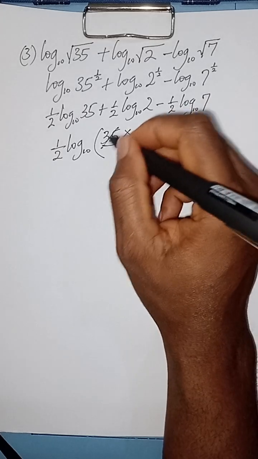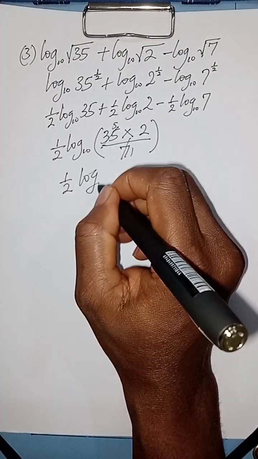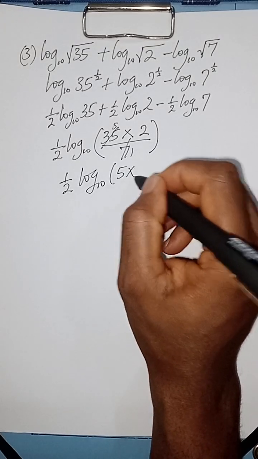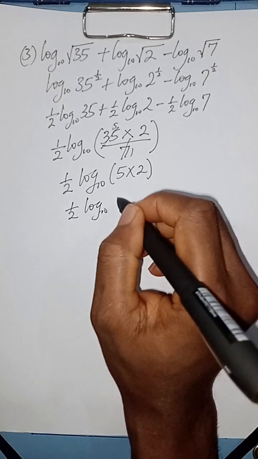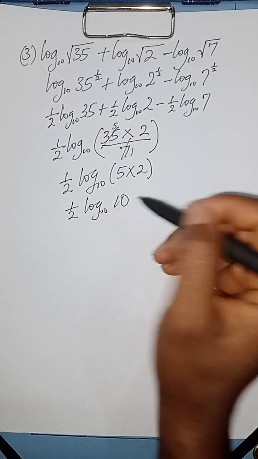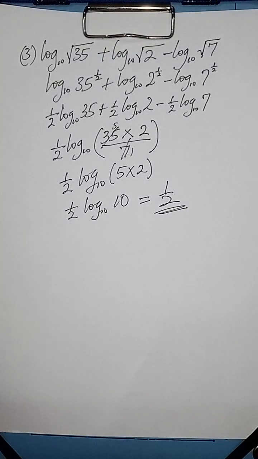So 7 here 1, 7 here 5. So this is 1 over 2 log 10, you left 5 times 2, which is 1 over 2 log 10 to base 10. And your final answer is 1 over 2, because log 10 to base 10 is 1.